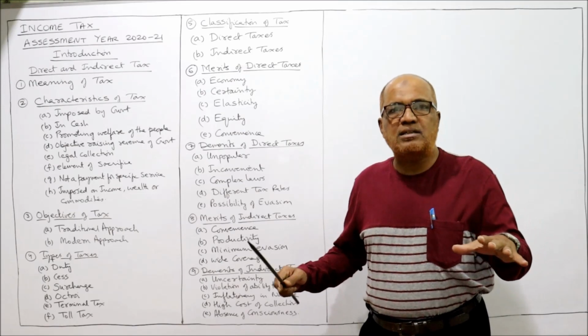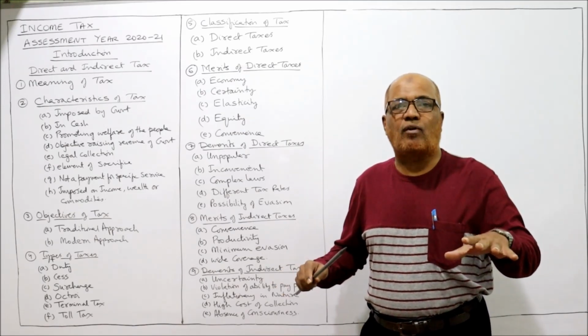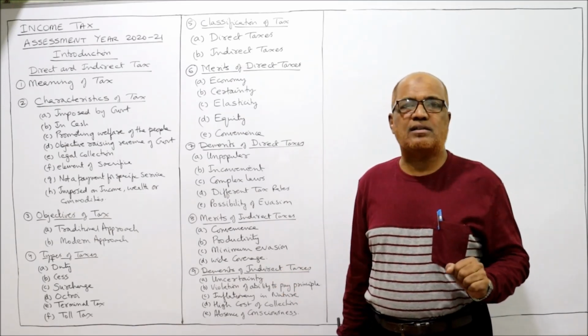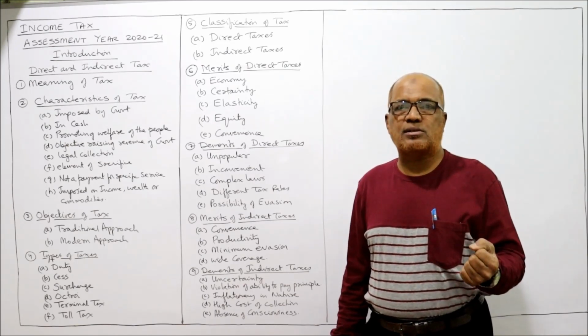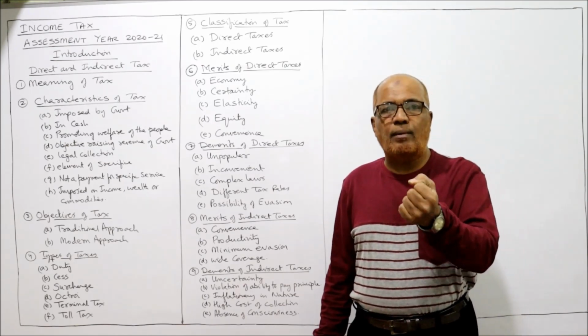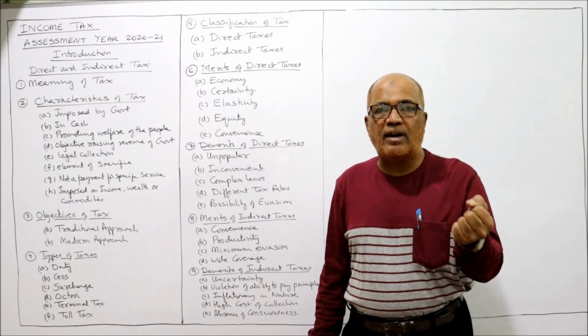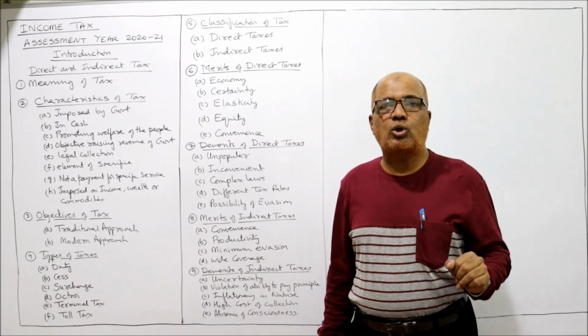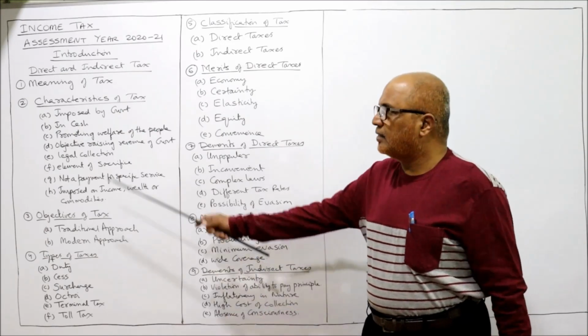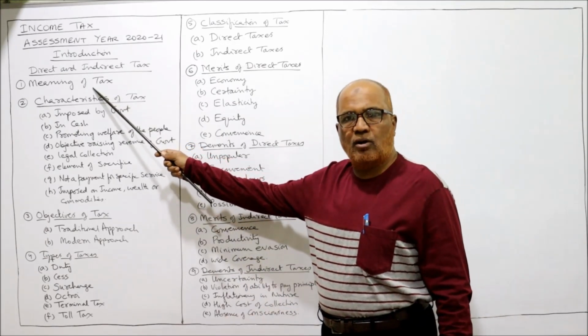Without funds, the government cannot perform its functions. So tax is one of the main sources of revenue for the government, for the common expenditure to be incurred by the government. That is called tax. That's the meaning of tax.